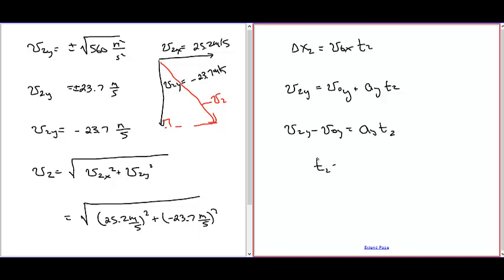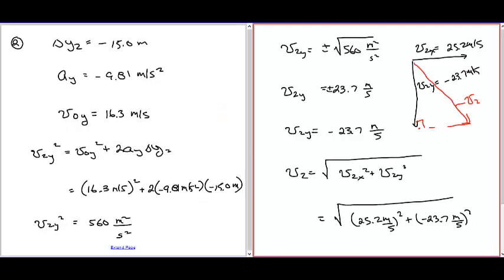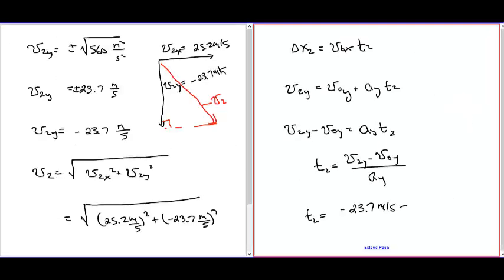So you'll get t2 is v2y minus v0y divided by a sub y. So t2 is v2y, which we got over here, was negative 23.7 meters per second, subtract v0y, which is 16.3 positive.